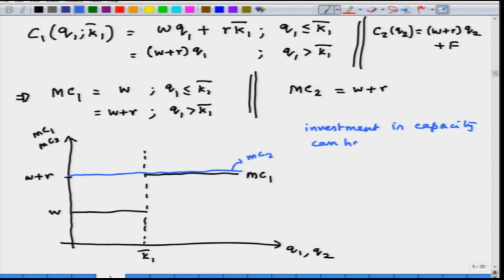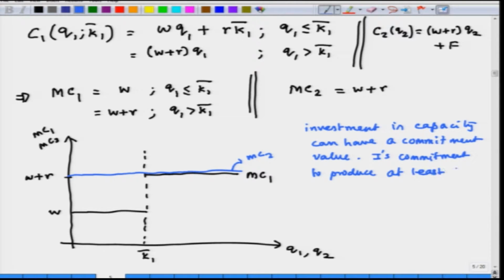I's commitment to produce at least K1 bar, and for all these units its marginal cost is only W, which is smaller than the marginal cost of the entrant.